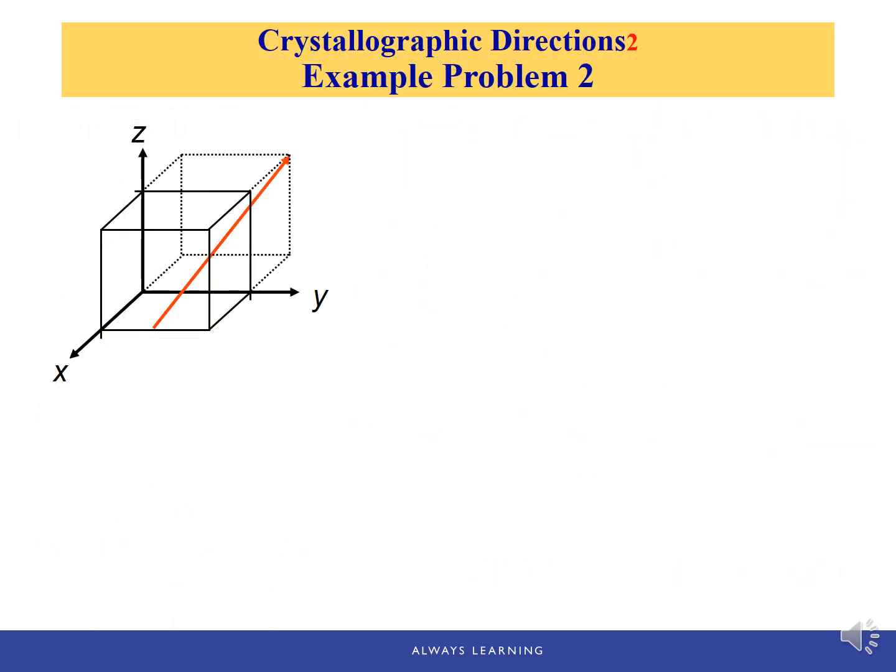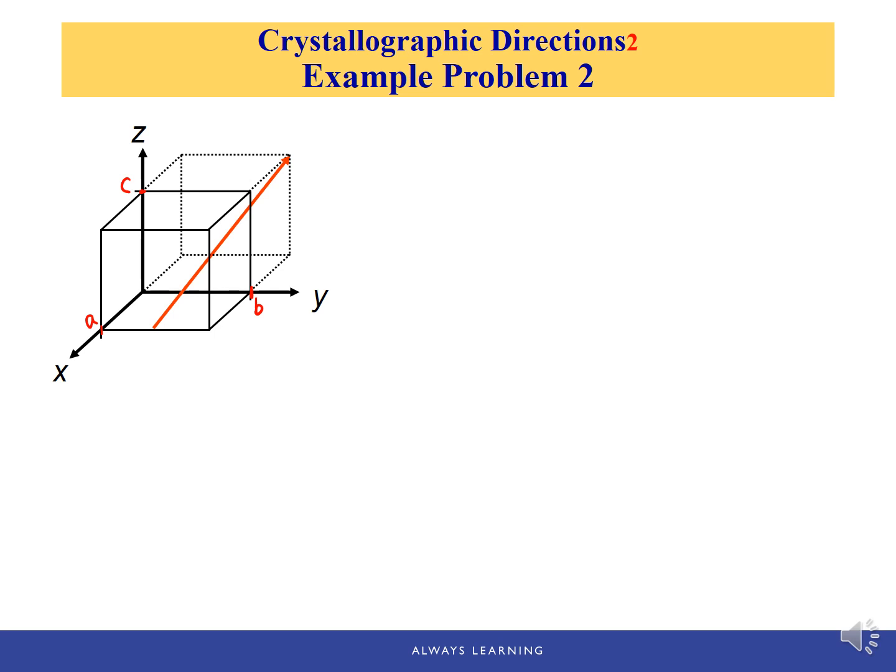Let's take a look at another example to find Miller indices of this crystallographic direction shown on this figure. First of all, the XYZ coordinates are already built up, but let's also specify the length of each edge. Usually the length along the X direction is A, along the Y direction is B, and along the Z direction is C for a unit cell.